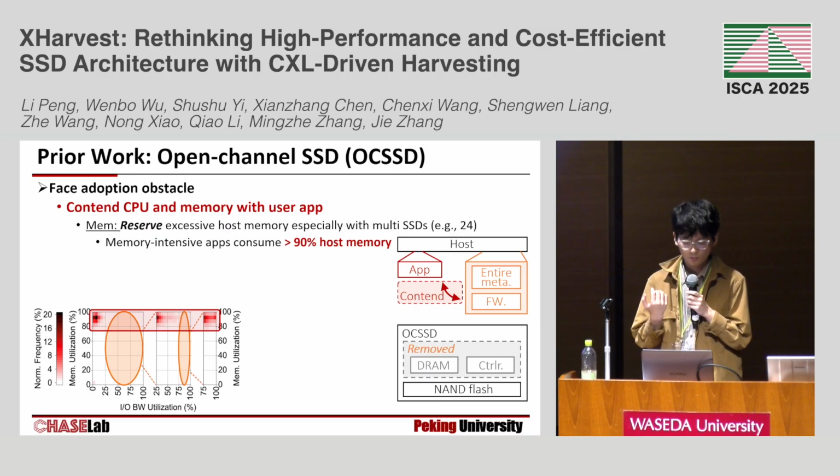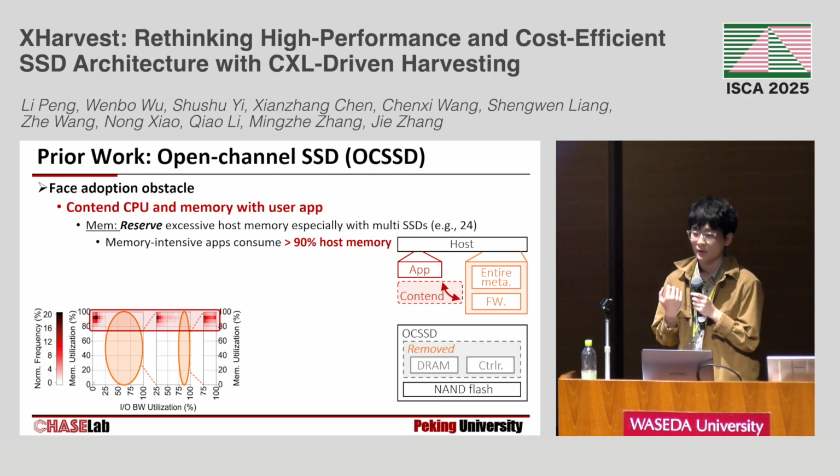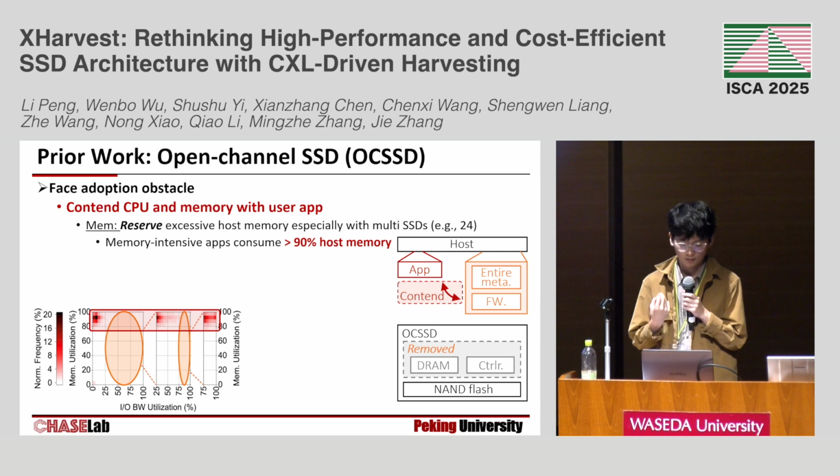This significant memory reservation competes with user applications, as user applications are also memory intensive. For instance, applications on the Alibaba servers always consume more than 19% memory capacity.